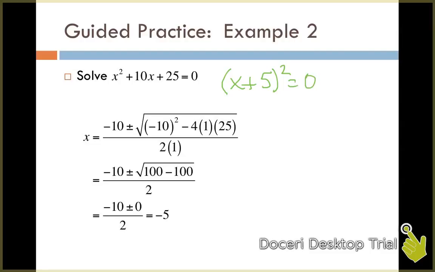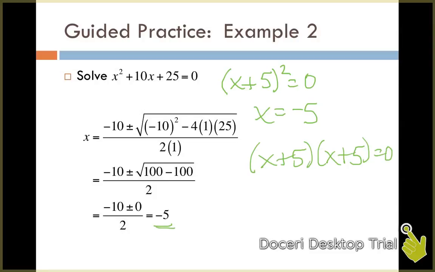So if we were to use factoring in this case and make it x plus 5 squared equals 0, then we can easily see how x would have to be a negative 5 in order to be a solution. And since both of my factors were x plus 5, the negative 5 works both times, and that's why we only get one solution for an equation like this. Okay?